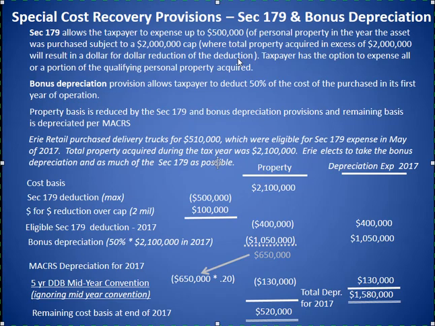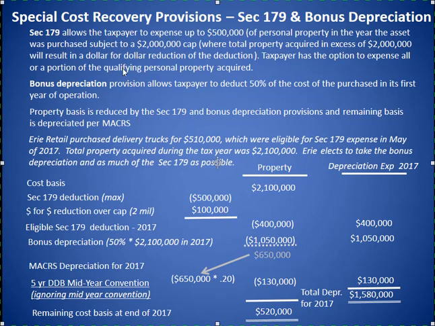There's another type of special cost recovery provision, called bonus depreciation. In this case, a provision allows the taxpayer to deduct 50% of the cost of the asset purchased in its first year of operation. The other thing we should remember is that this is not extra depreciation; it's just depreciation of the cost of the asset moved up front.